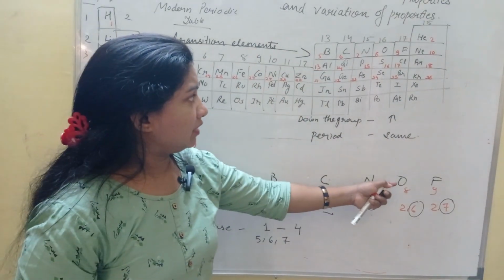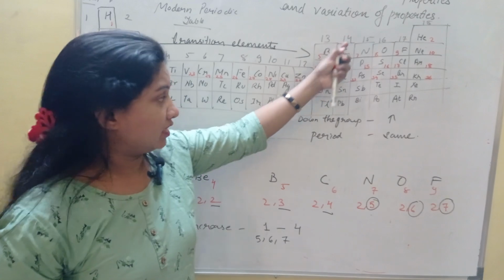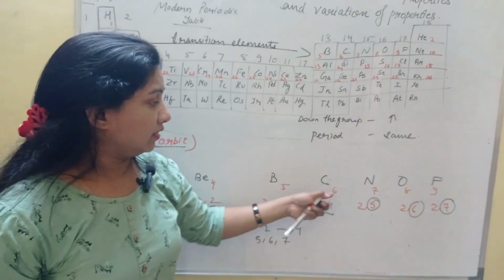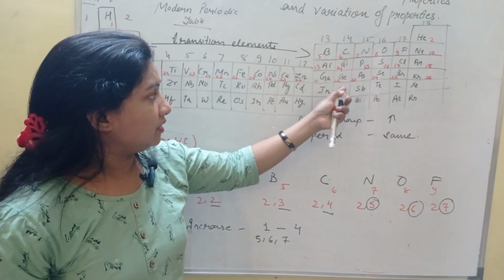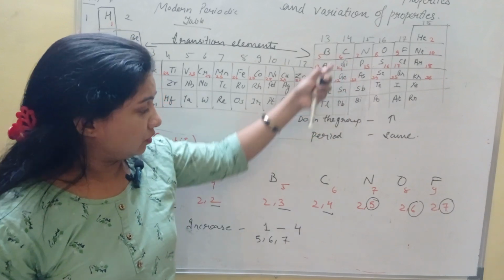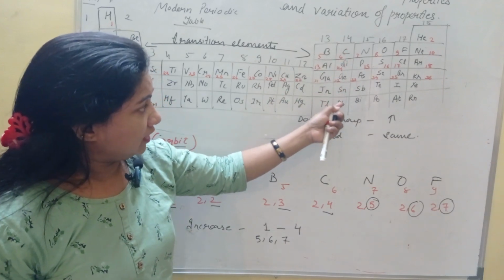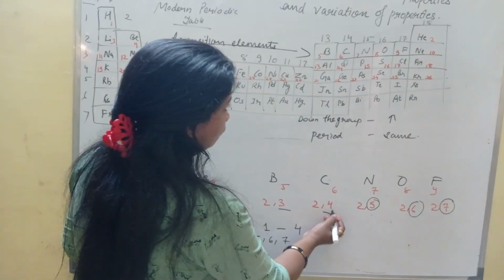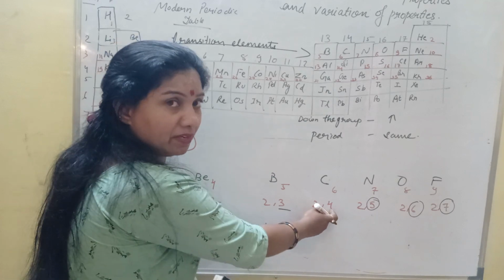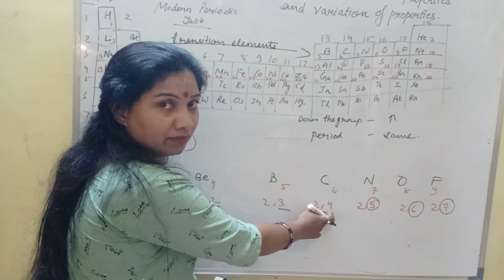We have taken one element of this particular group. Rest will be same. If we take carbon family, carbon, silicon, germanium, tin and lead, the configuration of these will be same, isn't it? 2, 4, meaning valence electrons will remain the same for a particular group.